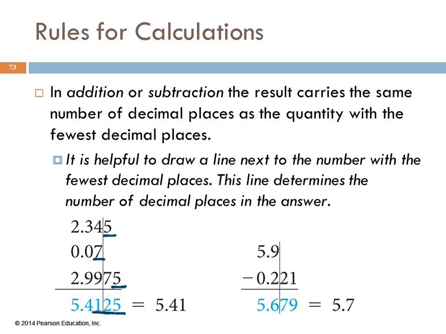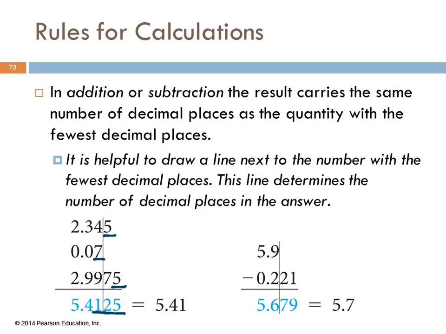When we have a measurement or the result of a calculation involving measurements, we keep the certain digits, the 5 and the 4, and the first uncertain digit. So we're going to keep the 1. So 5.41 is the proper way to express that sum. Because the rest of this really doesn't matter in light of the uncertainty in this one.